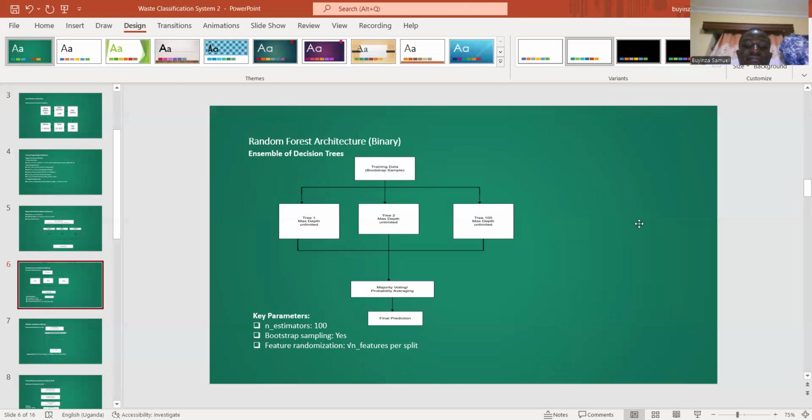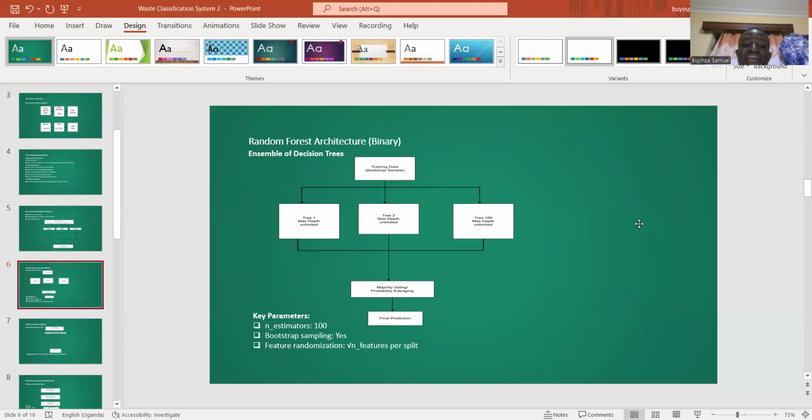After the first, second, up to the 100th tree is modeled as we train the data, we end up with probability averaging for the final prediction.